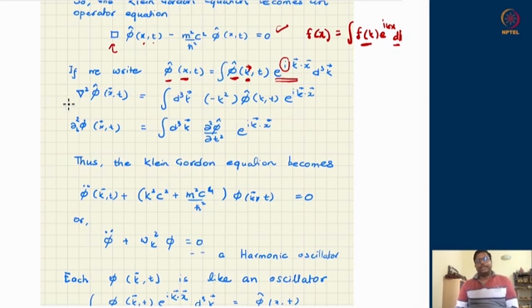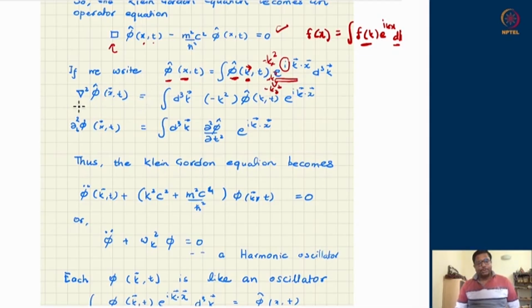Similarly, when I do the double derivative with respect to y, you will get a minus ky square and the exponential function back. The whole thing will be back to itself with the addition of minus kx square for the double derivative with respect to x, or minus ky square for y, or minus kz square for z.